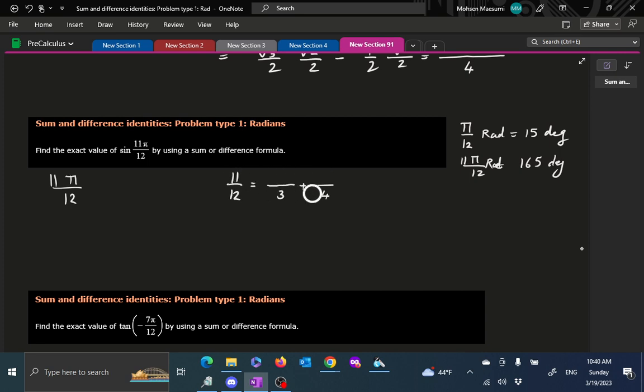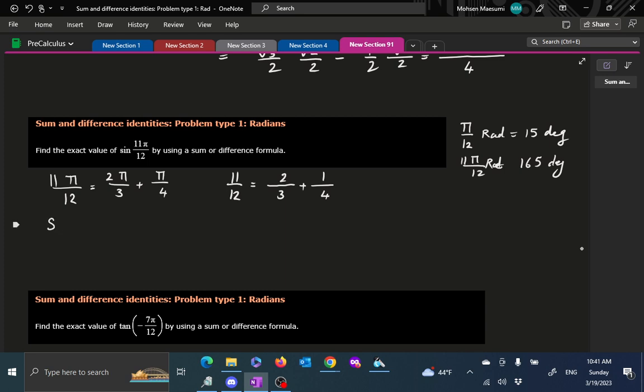Well, 2 times 4 is 8 and 1 times 3 is 3, and that's going to do it for me: 2 and 1, because 8 and 3 add up to 11. So I did a bit of trial and error there, and then I get that fraction, just multiplied by pi, and you are all done.